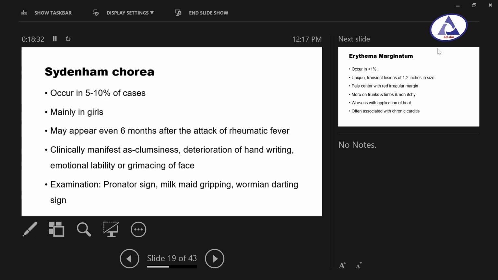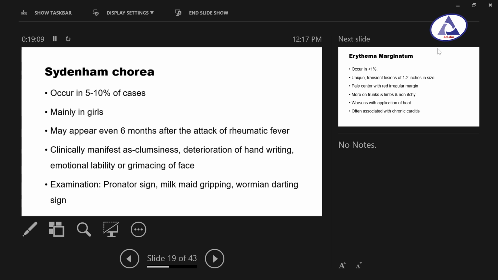Then we have Sydenham chorea. Sydenham chorea is caused by damage to the basal ganglia of the central nervous system. It occurs only in acute rheumatic fever, in 5 to 10% of cases, mainly in girls and in the adolescent period, and may appear even 6 months after the attack of rheumatic fever.